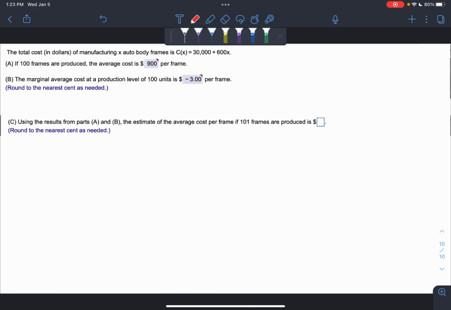All right, so I just included some information that we just found. The last part, we want to use these results from A and B and estimate the cost per frame if 101 frames were produced. So let's look here. So B, I'll write it this way. We found that the marginal average cost at the production level of 100, that was negative 3.0.